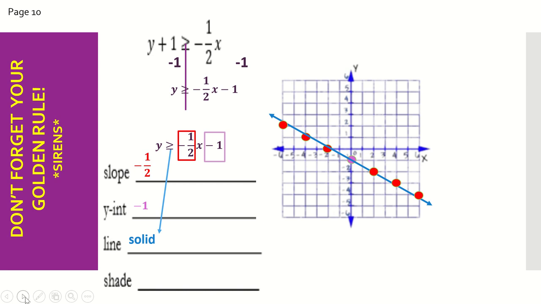Since it's greater than, we know to shade above the line. That tells us that any point in that shaded region or on the line is a good solution. If you plug in that point, say 1, 2, you plug 1 in for x and 2 for y, and simplify it, you would get a true statement.